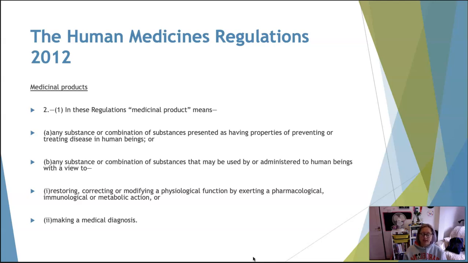There might be some crossover with some of these medicines being taken by different members or organisms within society. But the one that we're really focusing on today is the Human Medicines Regulations, as opposed to anything that might govern veterinary medicine.